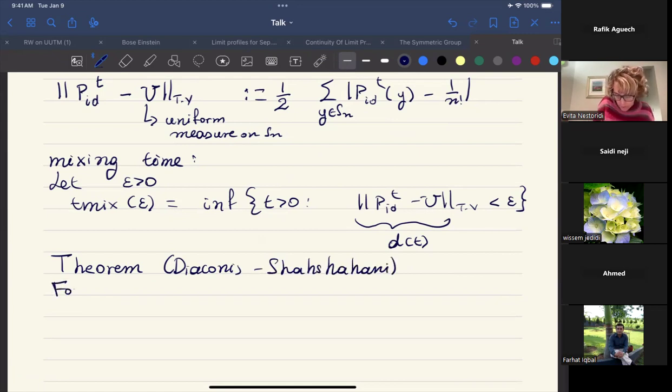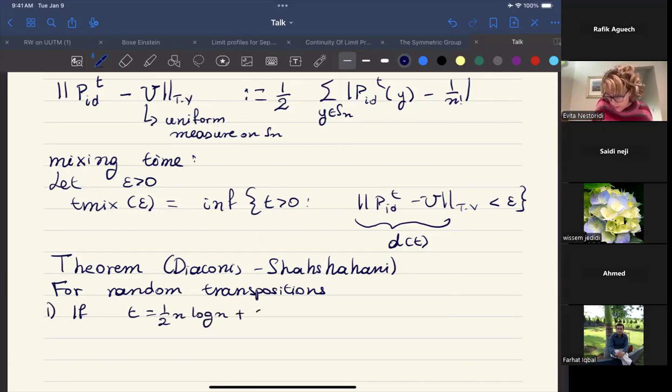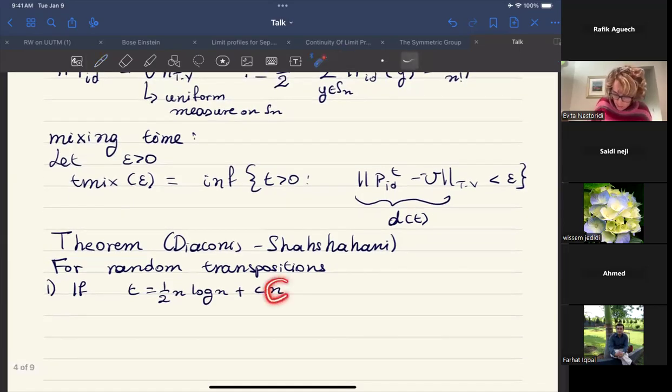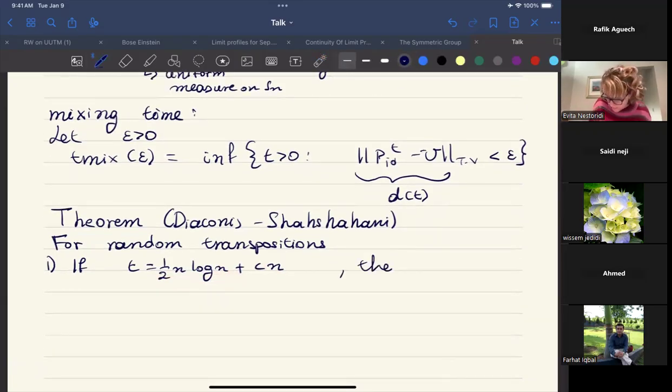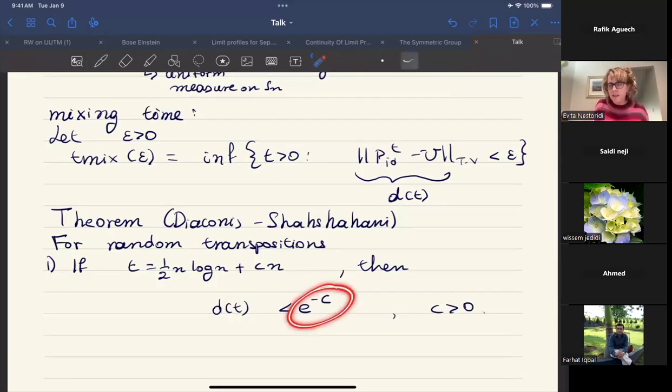So they said that for random transpositions, if one takes 1/2 n log n steps plus a little bit more, of order n, something of smaller order, we will see what c is in a second, then the total variation distance is less than e to the minus c, where c is something positive. Now, I might be lying here. This e to the minus c might be e to the minus 2c or something like that. I will be more careful with what I write in a little bit. For now, it's something that we explicitly know.